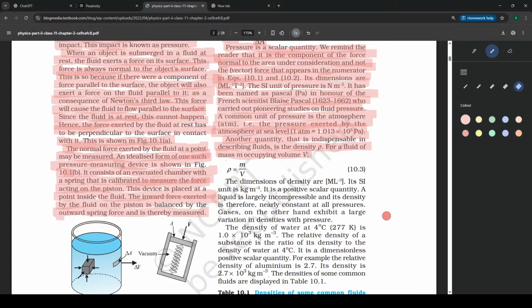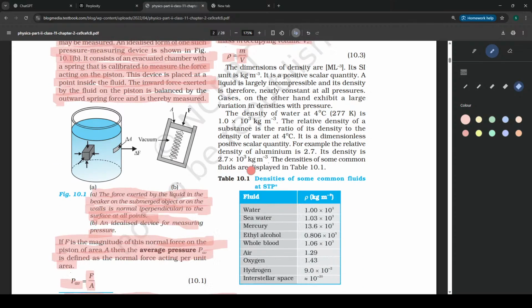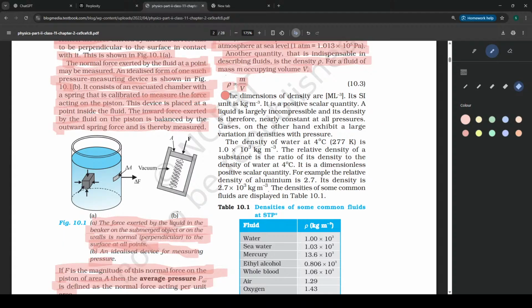It is denoted by rho, which looks like a small p. Density of a fluid is given by mass by volume. The dimensions of density are M L power minus 3. Its SI unit is kg per meter cube. It's a positive scalar quantity.